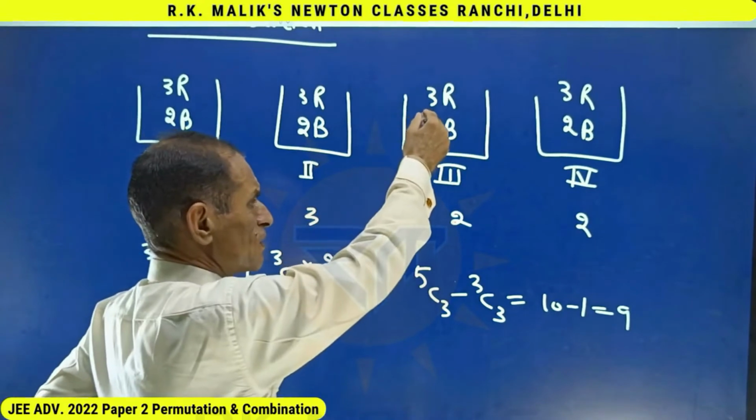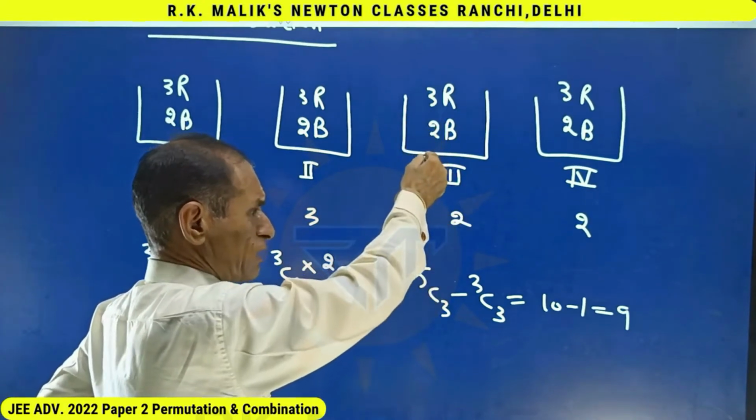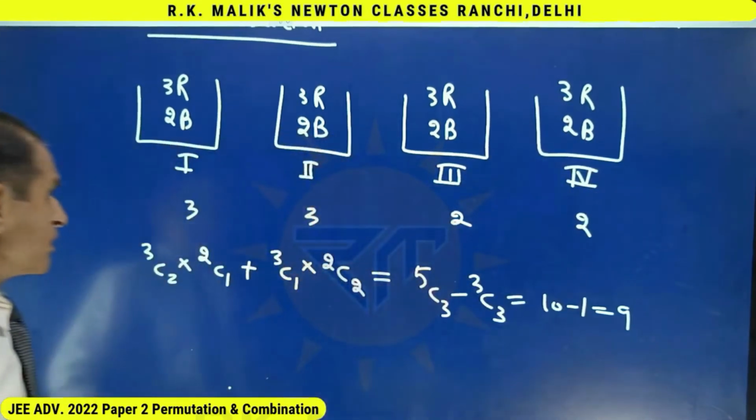And from this bag, 2 balls can be chosen in this way, 3C1 into 2C1, and from here also 3C1 into 2C1.